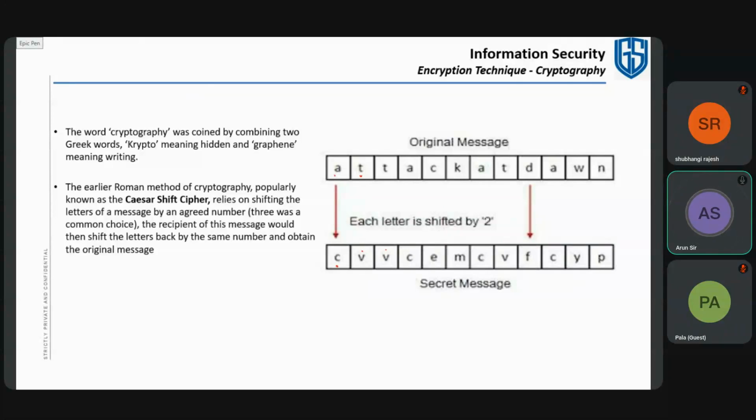This is how we can encrypt the message. The secret that it is shifted by 2 should be known only to the decryption party, not everyone else. Otherwise everyone can decrypt the data. That is the main catch here.